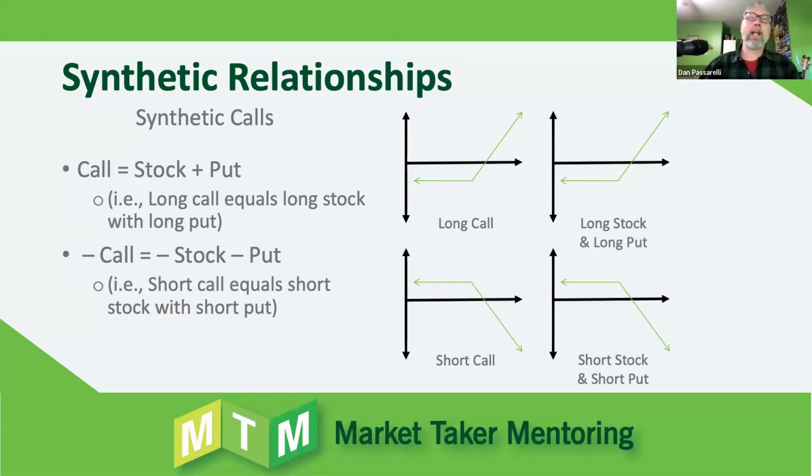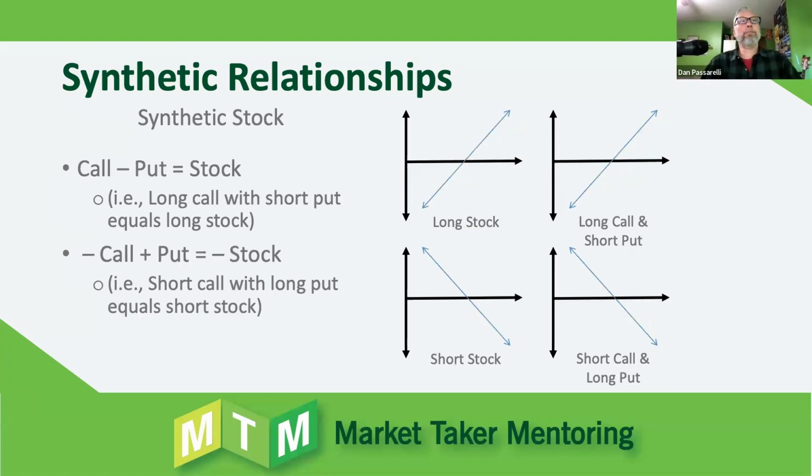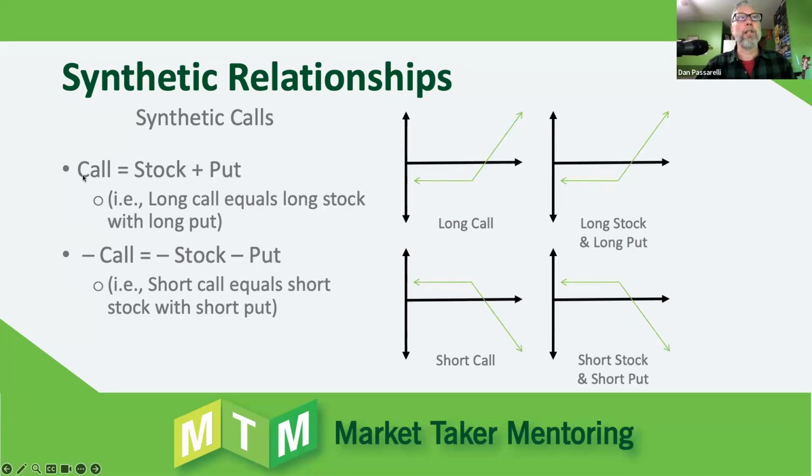So now let's change that up a little bit more. What did I do here? On the top line, I'm adding a put to both sides, right? Plus put here, which zeroes this one out, plus put here, which is long call equals long stock plus a put.